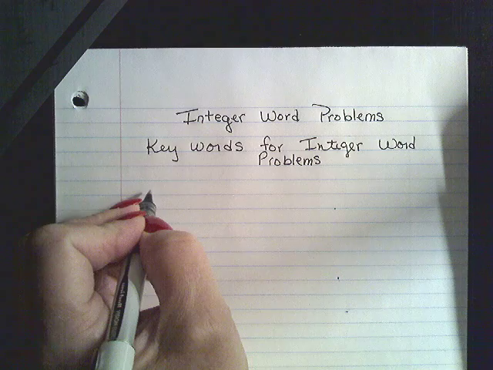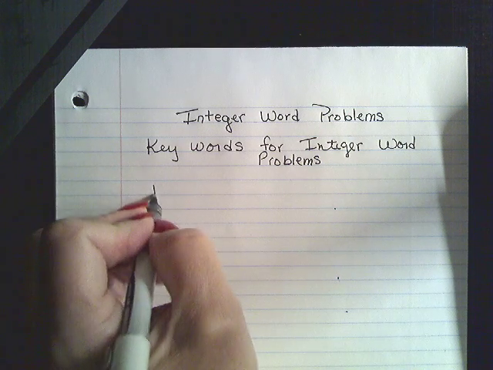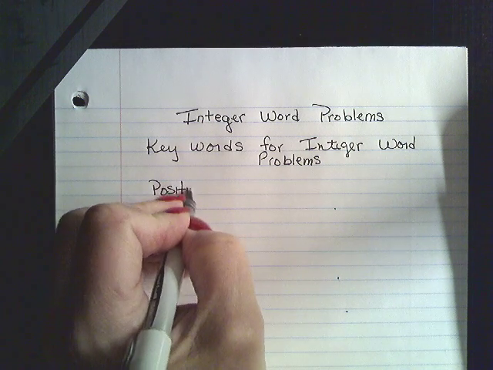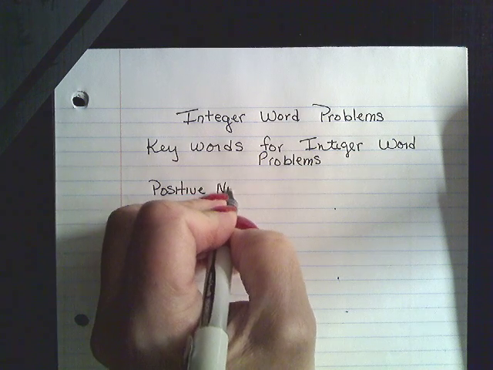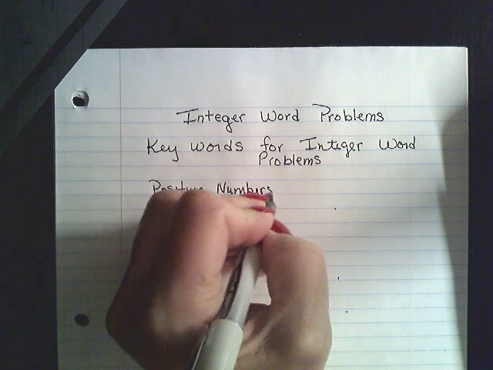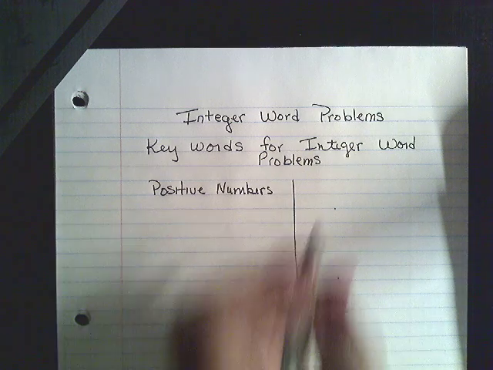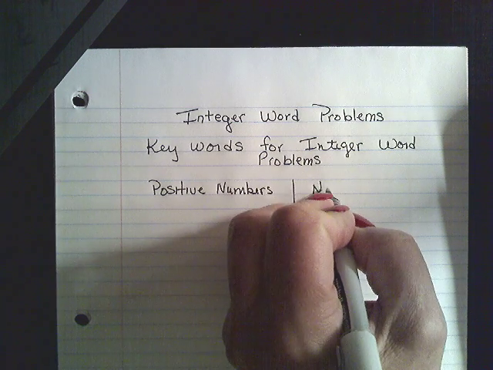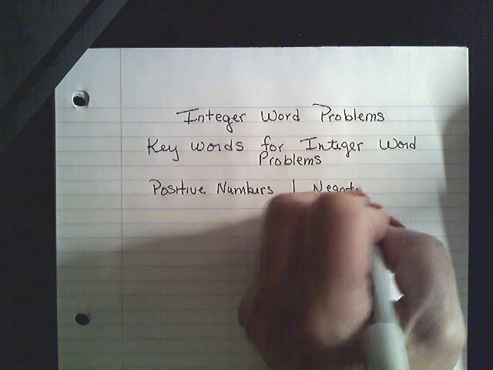We want to look at some words that mean positive numbers. And I'm going to draw a line. And we're going to look at some words that mean negative numbers.